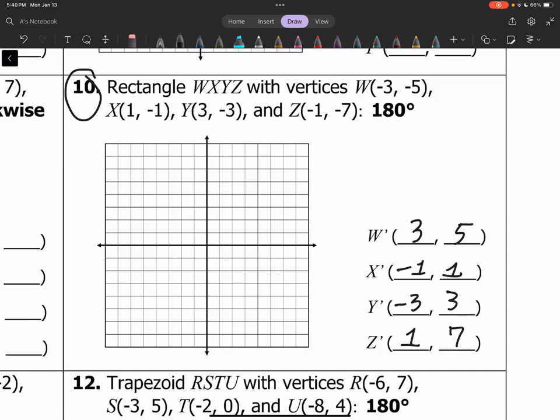Okay, now graphing. And there's my image.